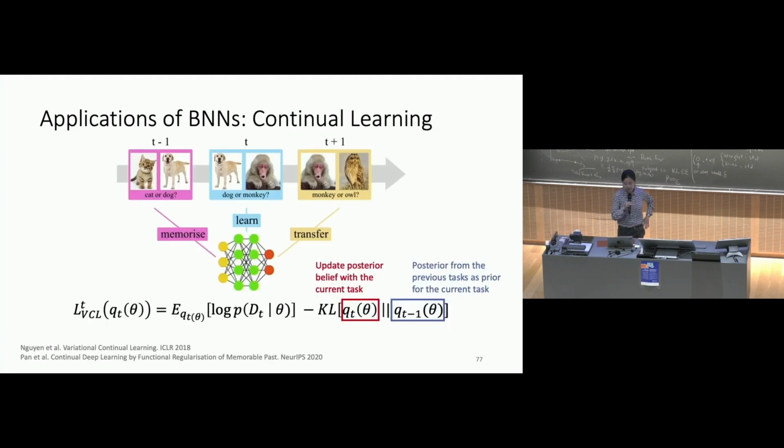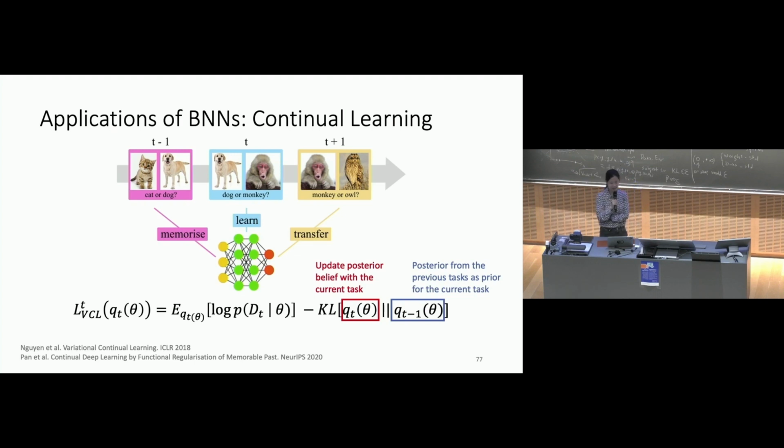Some other things you can do: you can apply Bayesian neural networks to continual learning. This is related to the prior. We mentioned Bayesian neural networks and approximate inference, but there is another component, which is the prior. We often use a Gaussian prior for that, but that is only for one task. Now imagine you have a sequence of tasks.